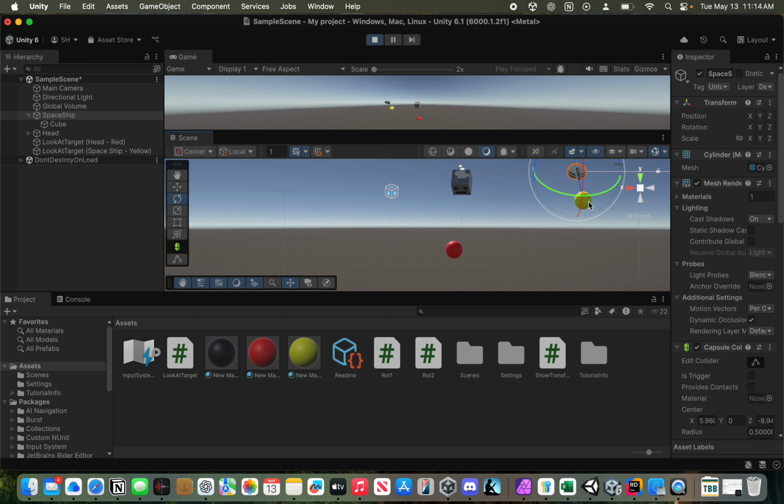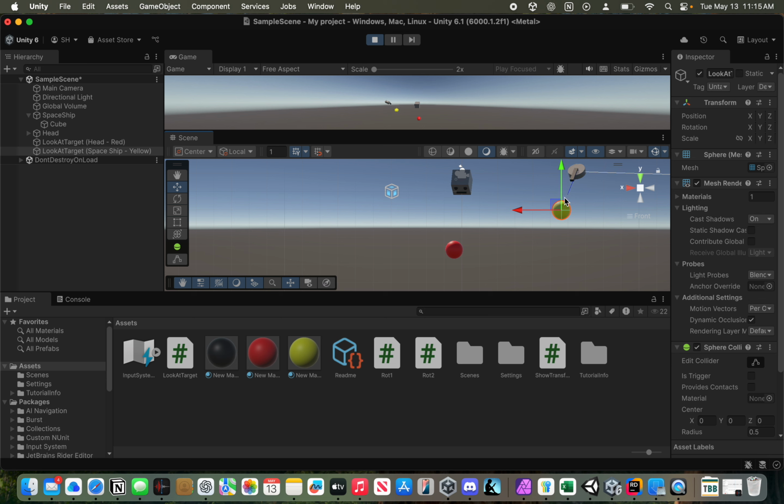But what we see is that more or less it does the right thing.